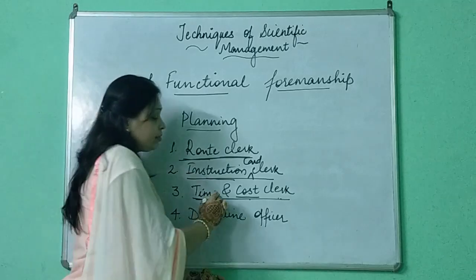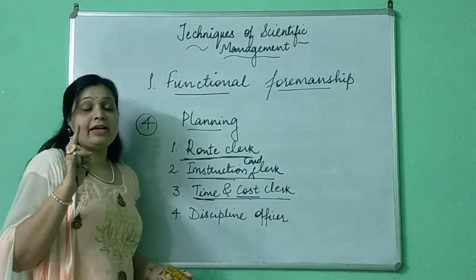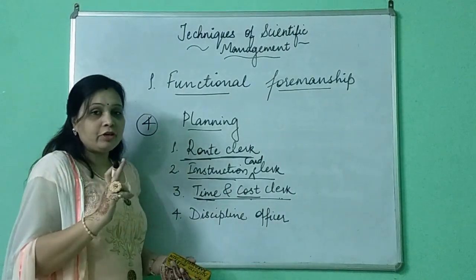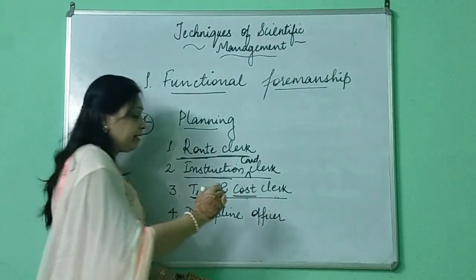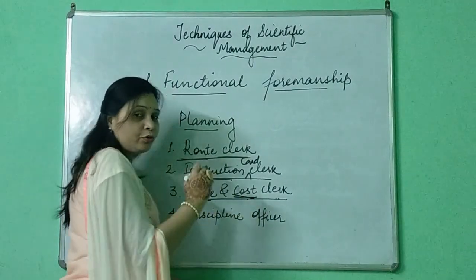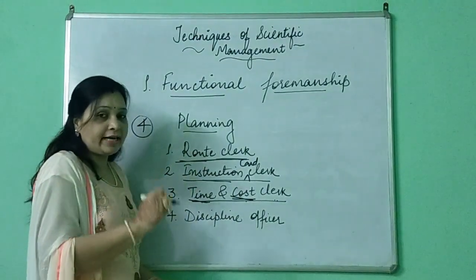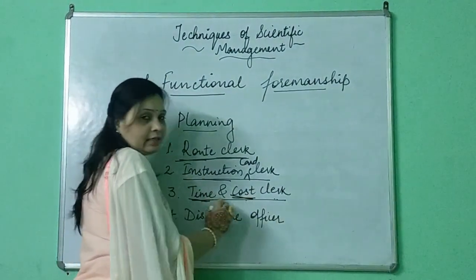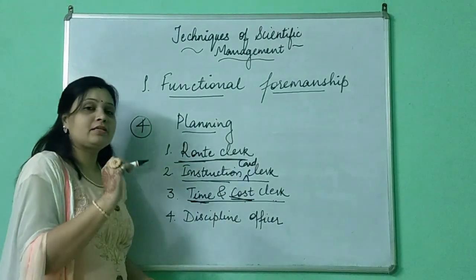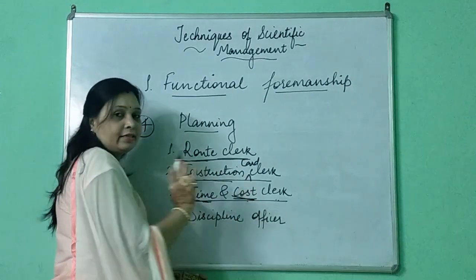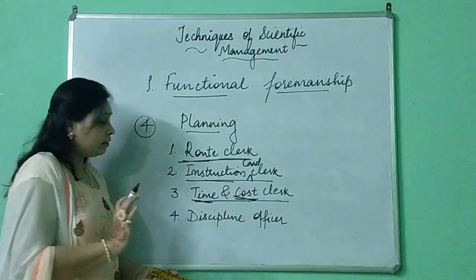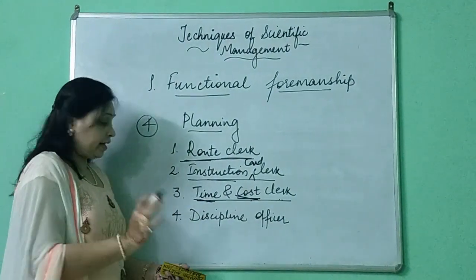Now here it comes, we have studied two words, effective and efficient work. Effective work means completing work on time, and efficient work means completing work in a cost effective manner, means cost should not be more than whatever we have decided. So this clerk sees whether the work is done effectively and efficiently. So he decides how much time and how much cost should be there.